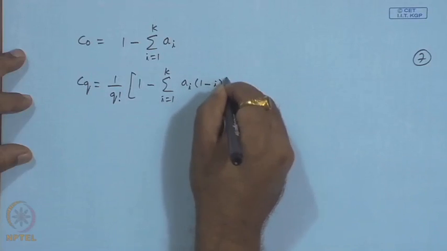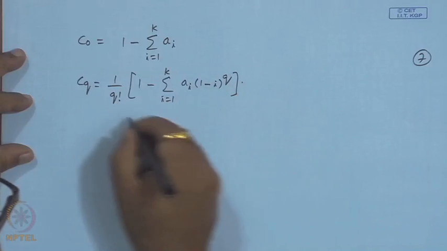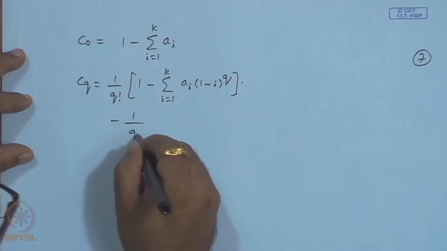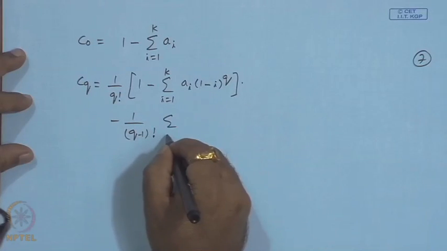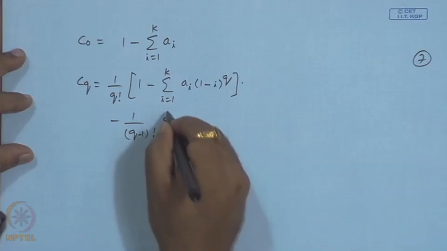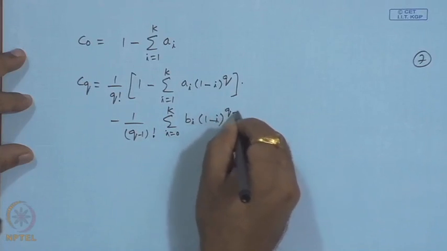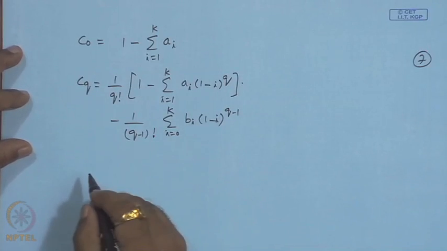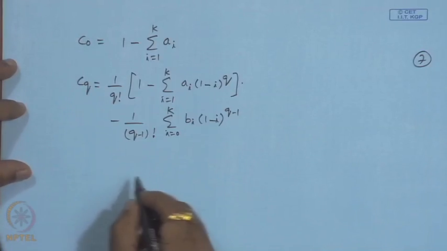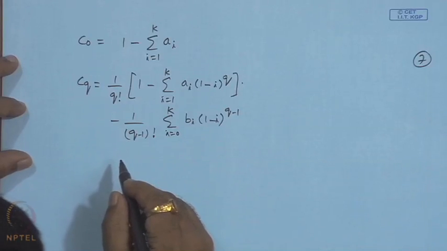So, if we do it in a general sense, we get slightly complex expressions. Minus, okay. So, this is C q, and we get quite a complex expression for T p plus 1, which is the error. Okay.